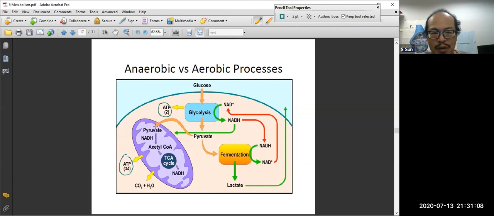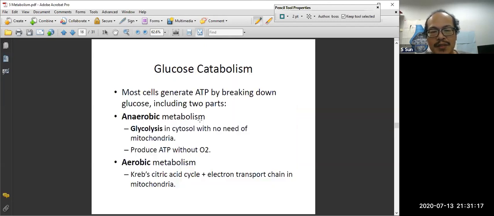So this is a process with oxygen. This is a process without oxygen. So let's go back to this slide. This slide summarizes it. Glucose catabolism goes through 2 processes: anaerobic metabolism or anaerobic reaction.